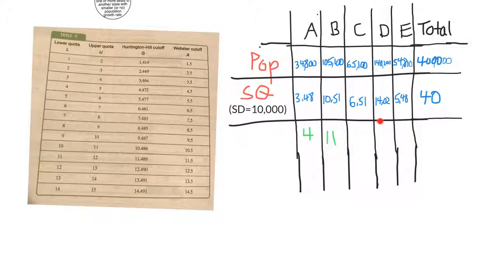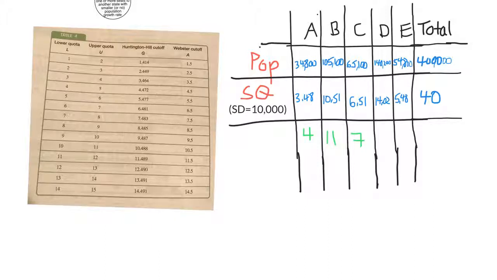Looking at this one, we have 6.51. The lower quota is 6, the upper quota is 7. That's found right here. The cutoff point is 6.481, so this one would get rounded up, and so on down the line. 14.02: the lower quota is 14, the upper quota is 15. That is to be found right here. The cutoff point is 14.491.